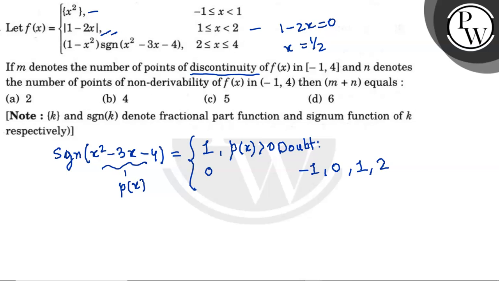It is 0 if p of x is equal to 0, and -1 if p of x is less than 0.